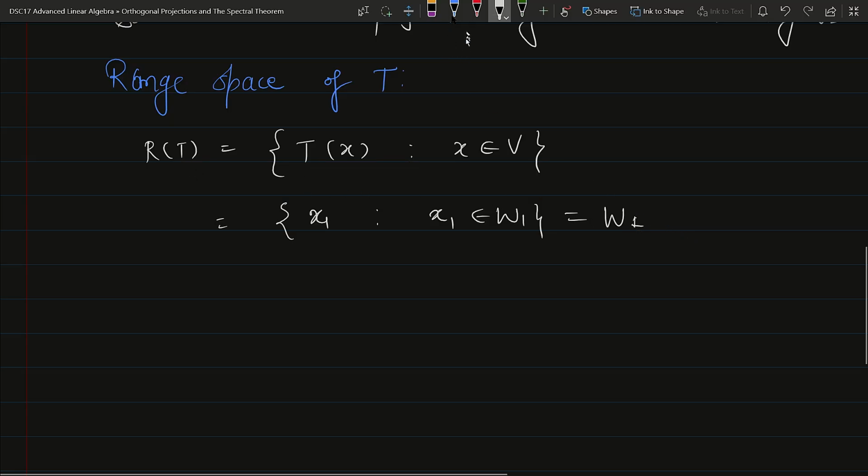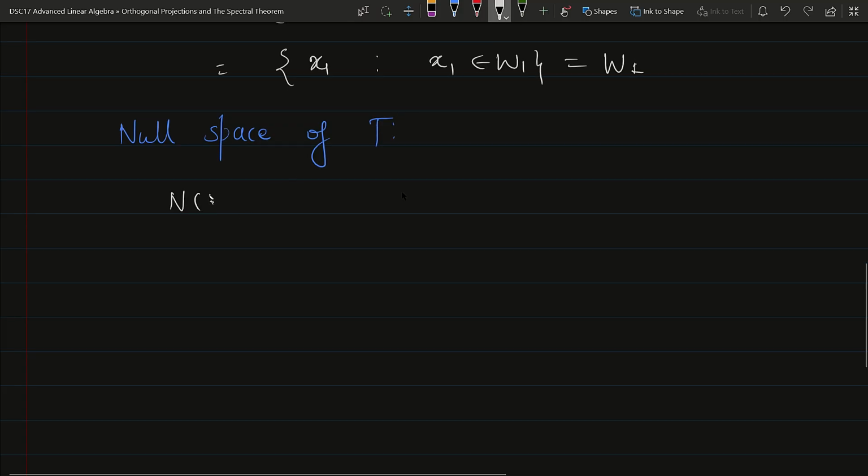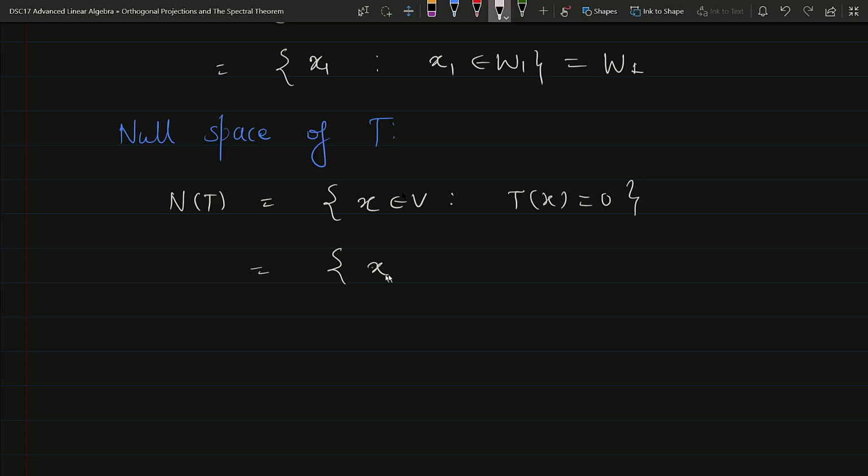And what about the null space of T? Null space of T, that is capital N(T), it is defined as N(T), एंड हमें पता है कि इसमें v के वो सारे एलिमेंट आने हैं जिनकी t इमेज 0 पर मैप हो रही है, एंड वी नो अगर x1 प्लस x2 फॉर्म का है, सो वी आर राइटिंग x1 प्लस x2 in v such that T of x, that will be x1, equals 0.